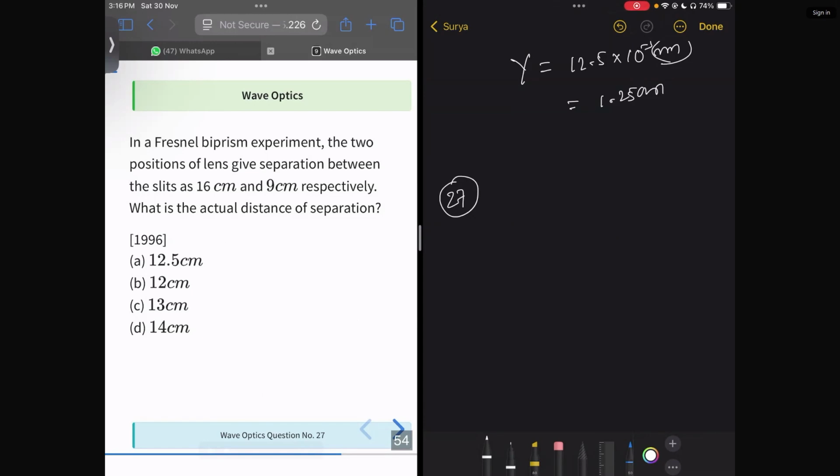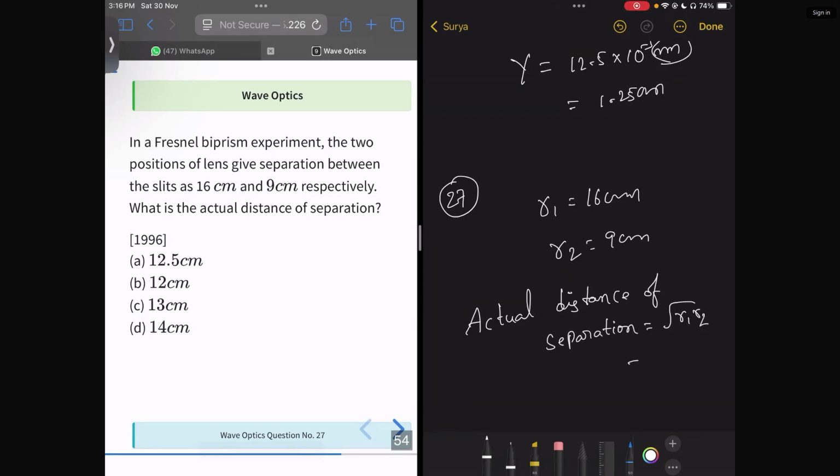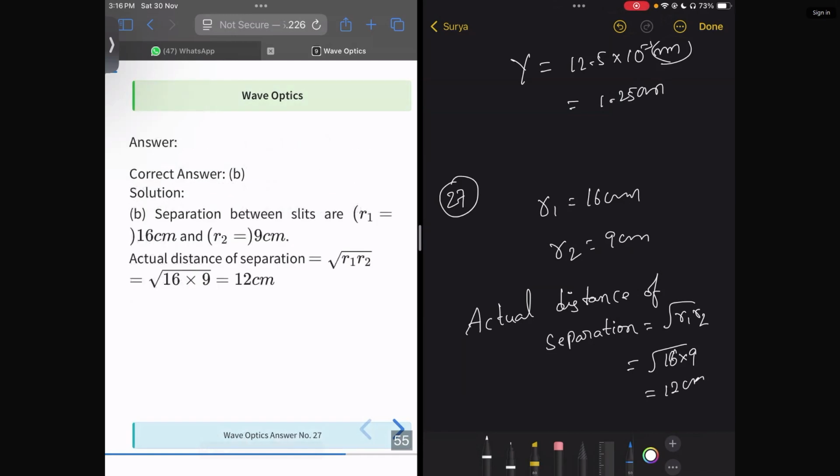So separation of slits R1 is equal to 16 centimeters, and R2 is 9 centimeters. The actual distance of separation is given by the square root of the geometric mean of the two. Actual distance of separation is equal to square root of R1 R2, which is square root of 16 into 9. It will be 12 centimeter. Next question.